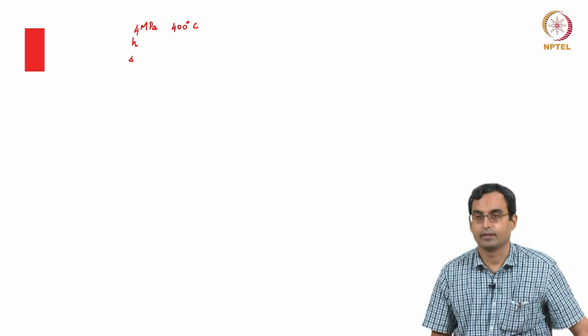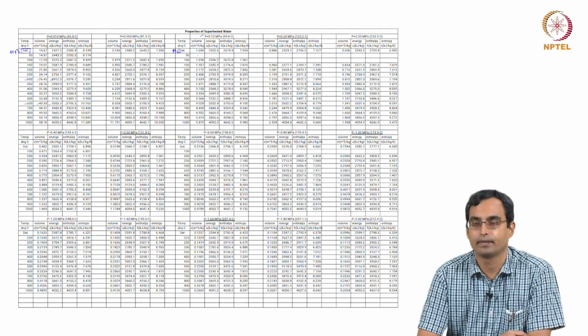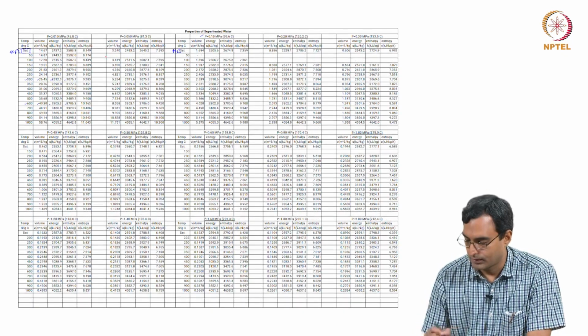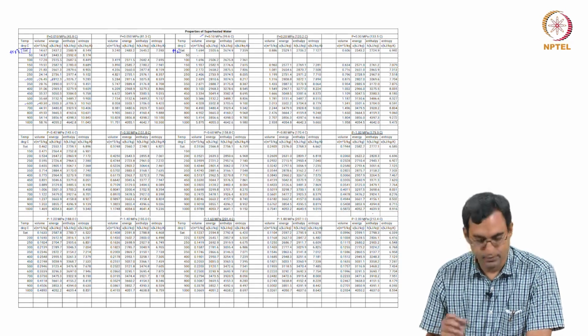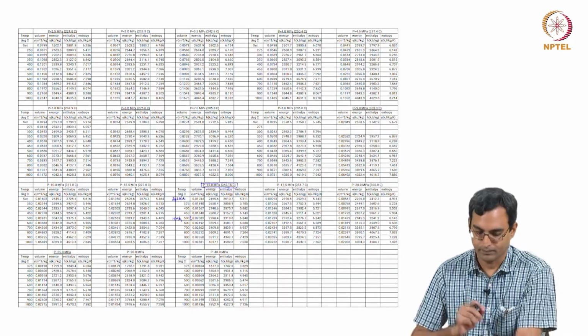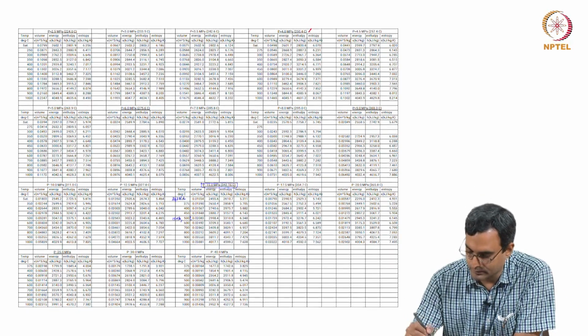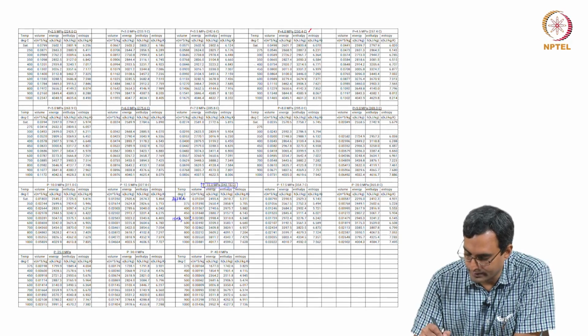So, I am going to look at the superheated tables again. So, I have here the superheated tables. Of course, this goes on only to 2 megapascals. So, I need the next page. So, 4 megapascals is here. I need 400 degrees centigrade, which is essentially these values.